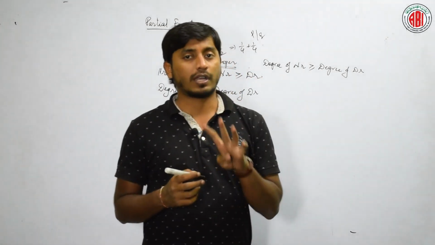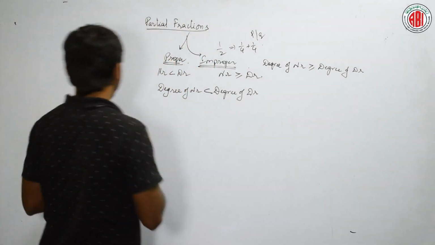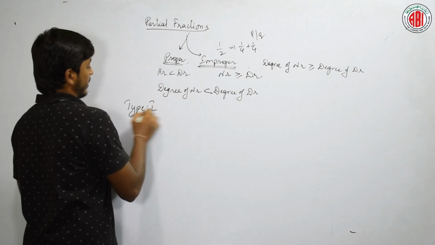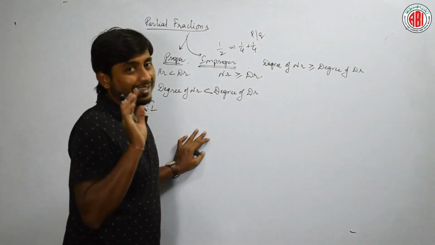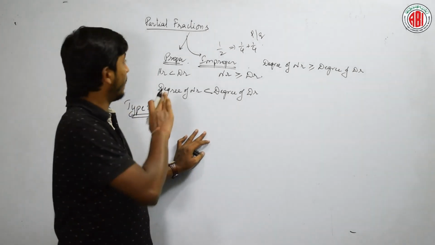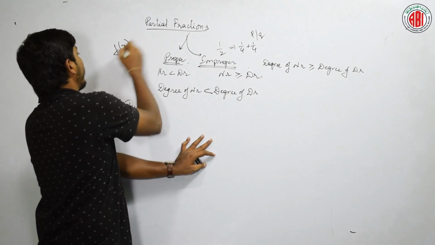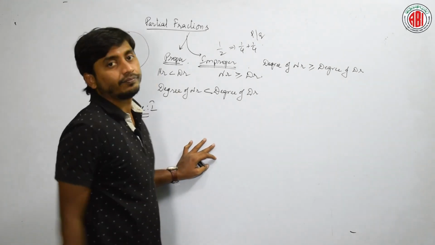First, we will have 4 types of finding. Let us discuss the first 2 types first, then after that, the next ones. Type 1: the first condition is the fraction should be proper. Let us assume f of x by g of x is a proper fraction.